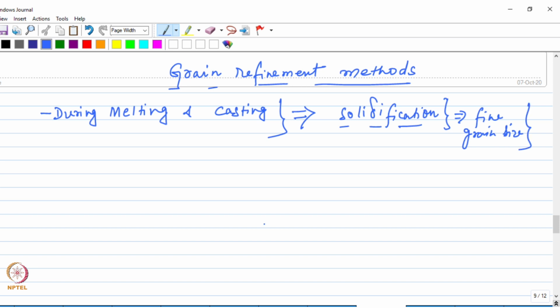Right, so you need to do something during the melting operation before the casting is done, so that you provide some driving force for the grains to be refined or broken down into smaller sizes. Right. So one of the ways by which that can be done is through heterogeneous nucleation.